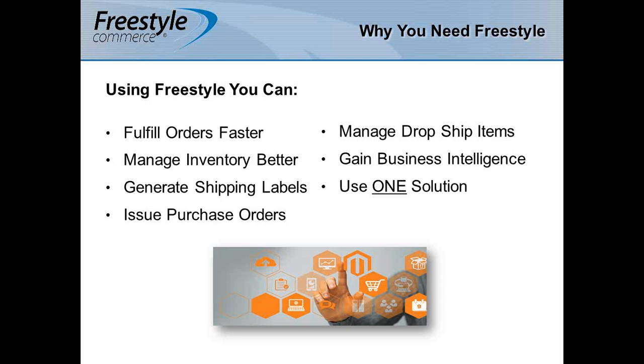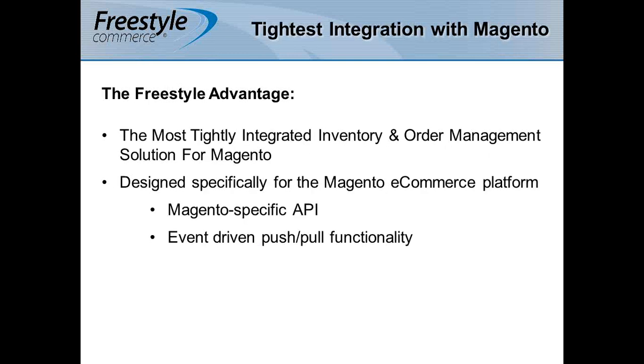In addition, another strength Freestyle has to offer over the other inventory and order management solutions is our tight integration with Magento. And this is because we've created a Magento-specific API, which allows for event-driven push and pull functionality. What I mean by event-driven is that every time, say for example, a customer places an order on your Magento site, Freestyle considers this to be an event and will pull down the order information.